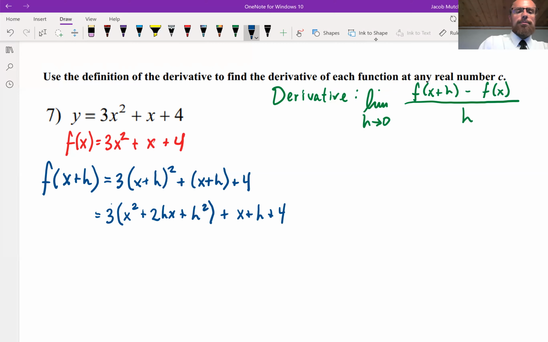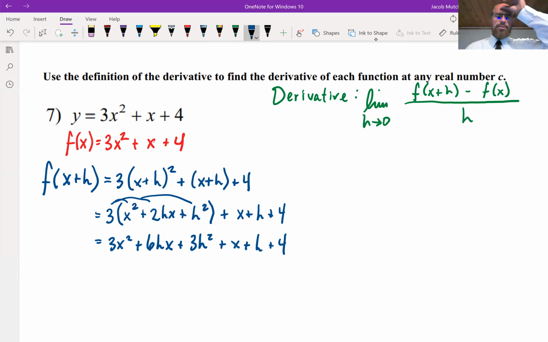Now I want to distribute that 3 through the trinomial. So this will be 3x squared plus 6hx plus 3h squared. And then again plus x plus h plus 4. And it turns out that there's no like terms there. So I got to put that 6-term polynomial in for f at x plus h.